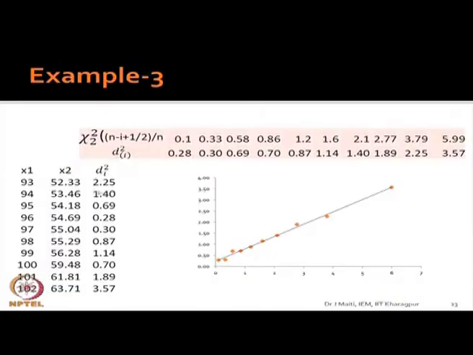We computed this value as 2.25. So, my first observation is 2.25 units apart from the mean. My second observation is 1.40 units apart from the mean, and so on, up to 102 and 63.71. This is the 10th observation, which is 3.57 units apart from the mean.